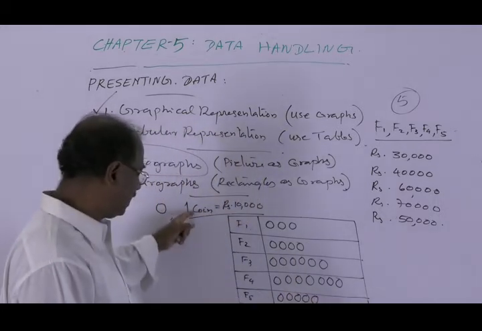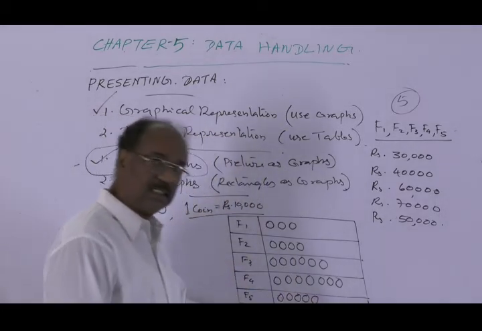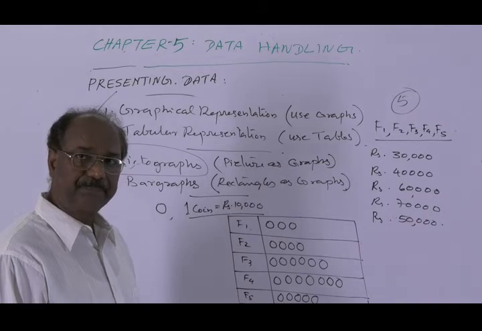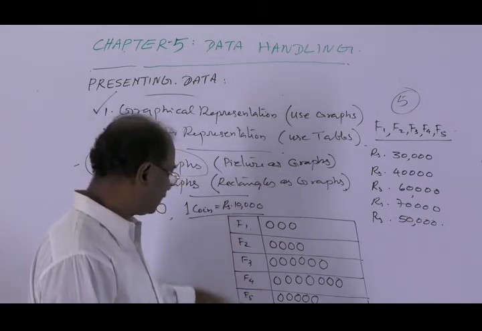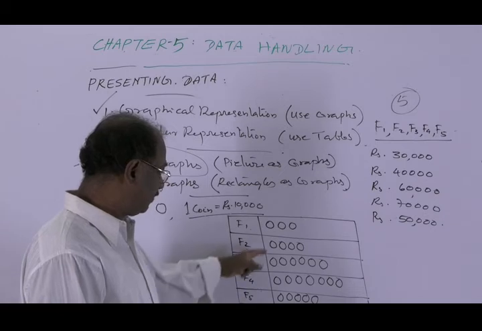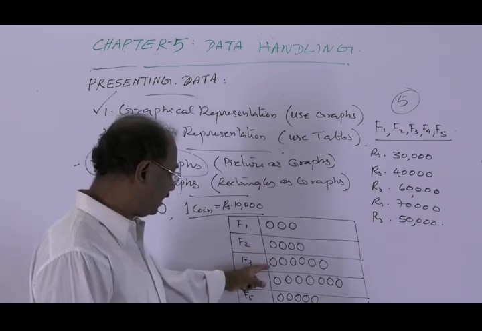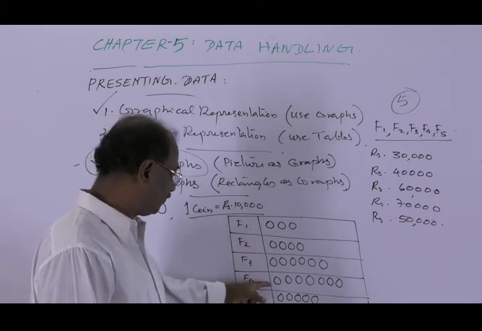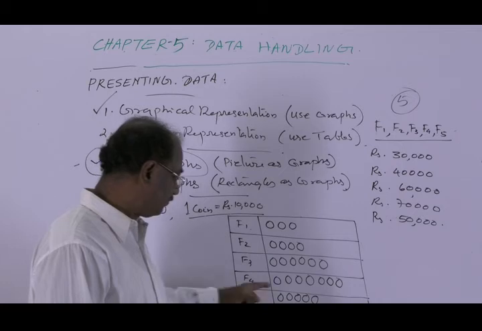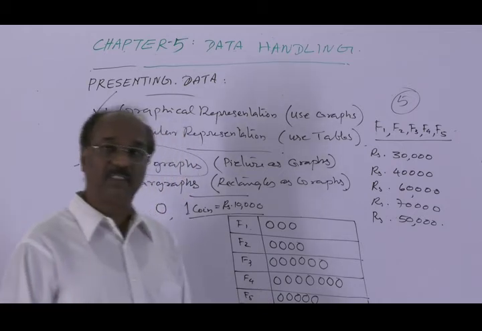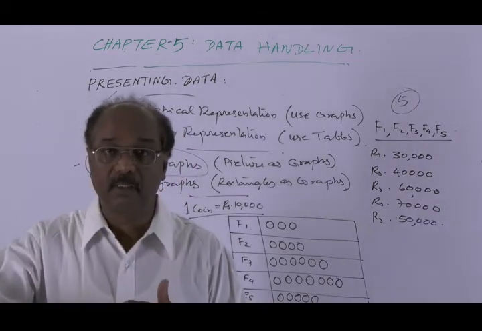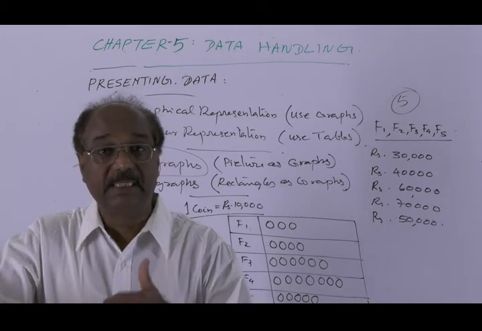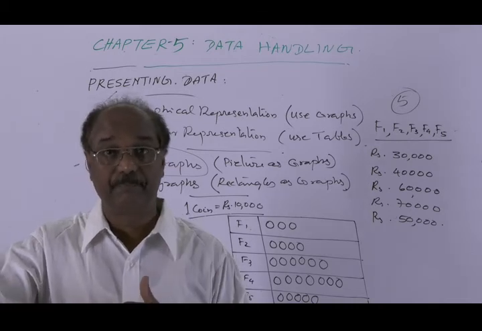With this scale and graph we can see the annual income of these 5 families: F1 30,000, F2 40,000, F3 60,000, F4 70,000, and F5 50,000. So this is the picture graph, or pictograph.